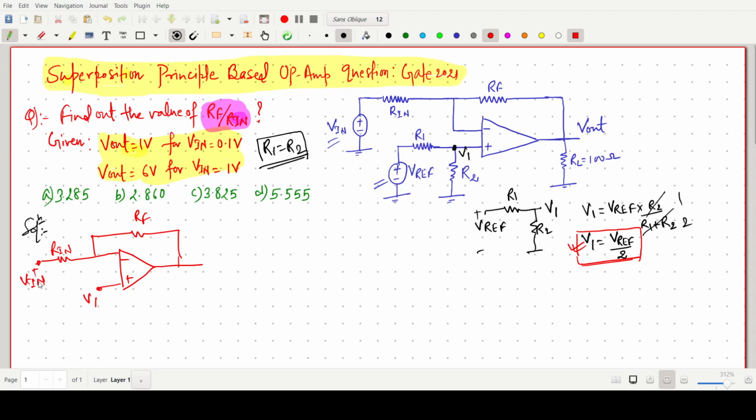This input is V in, and this voltage is V1. So one input is due to V in, and another is due to V1.